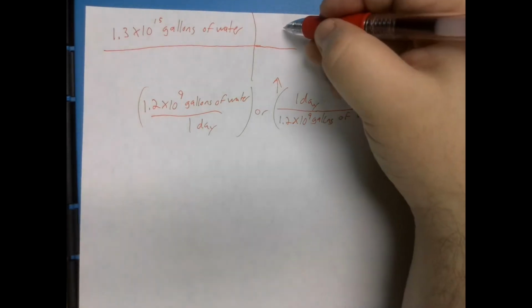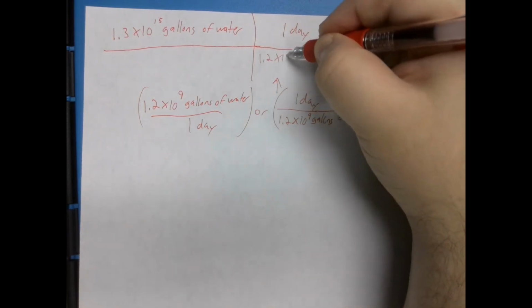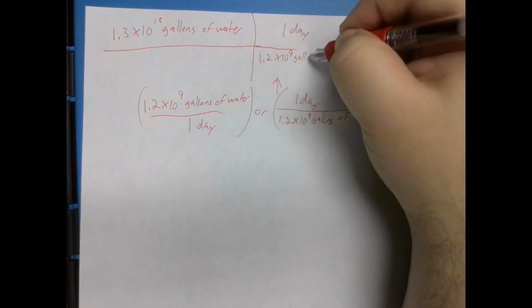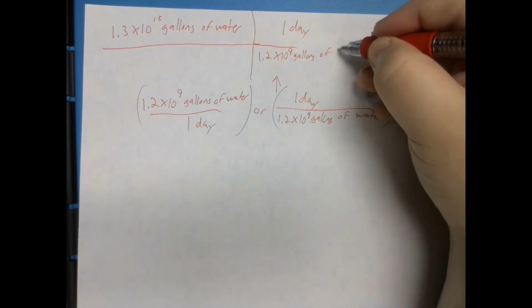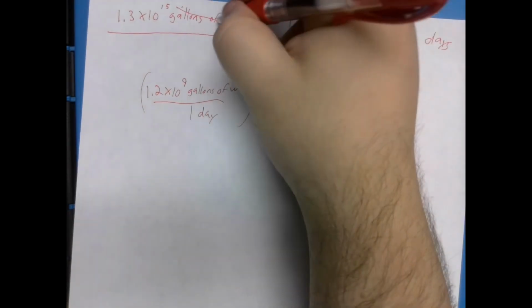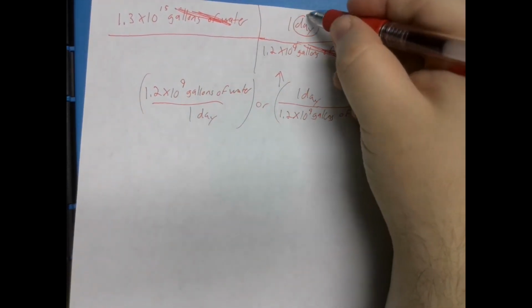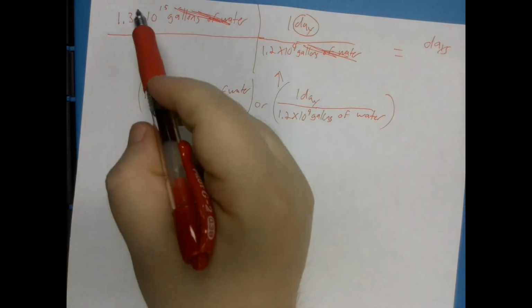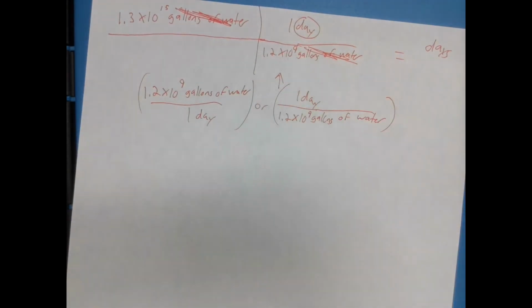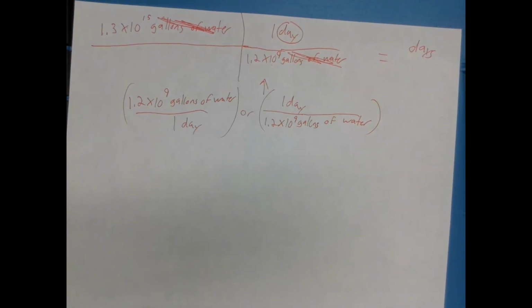So we put 1 day on top and the 1.2 times 10 to the 9 gallons of water on bottom. Gallons of water cancels out, and our only unit left is days. So we do this times that divided by this to get your answer. That's all you have to do.